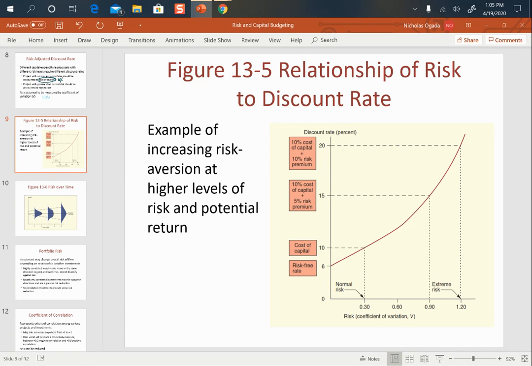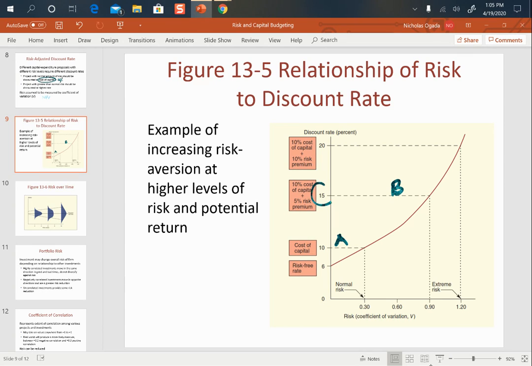However, if you have a different project that has a higher risk than the previous project, for example, this is project A, and then you have a project B that has a higher risk. In that case, the risk is 0.9, and for that reason you end up using a higher discount rate.